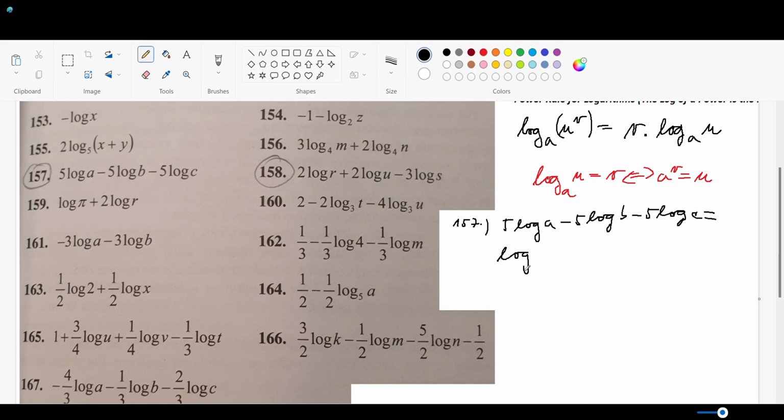The solution is a common logarithm, which means the base is number 10, and it's going to be logarithm of a over b times c, to the power of 5.